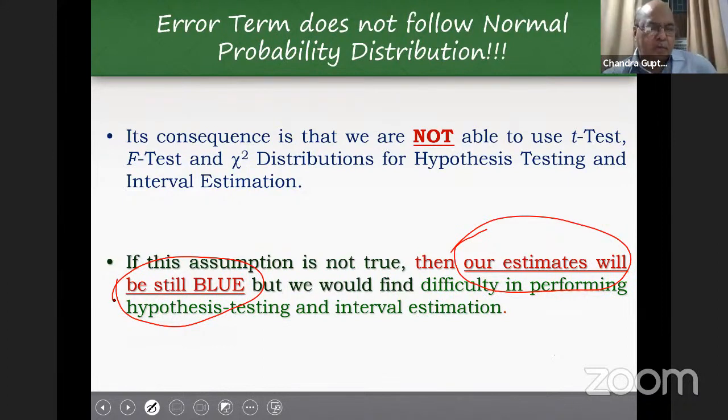The answer is no, because non-parametrics are normally used when you have nominal data, ordinal data, or the data of one series which is not normal. But here I don't have one series. I have a dependent variable and a number of independent variables. So many series are moving together, and we don't know how to check that.